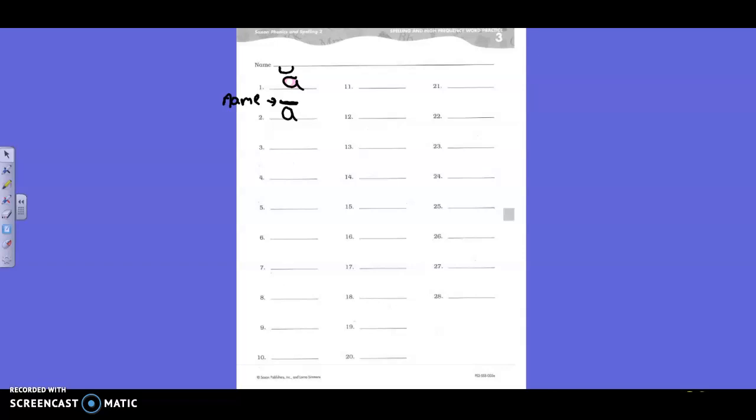Macron is straight. Yep. You have to figure out like that. Okay. Number 4. E. So what letter? E. E with the line. Number what? Right. Okay. Yep. Number 5. Repeat. I. And write it.